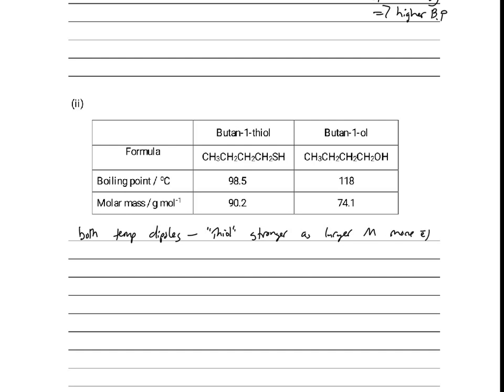So in brackets, more electrons. Now, thiol has a hydrogen connected to a sulfur, which is going to be a polar bond. Therefore, this is going to have permanent dipoles. The butanol has a hydrogen connected to an oxygen, which is a polar bond, so it's going to have permanent dipoles. So both have permanent dipoles.